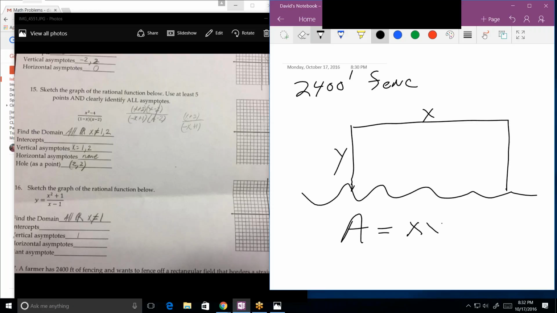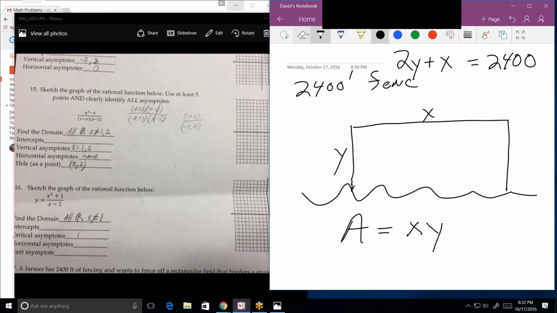Well, we can't do much with that, but we have a secondary function. We know that something equals 2,400. If we use all the fencing, wouldn't 2y plus x equal 2,400? That's our secondary.